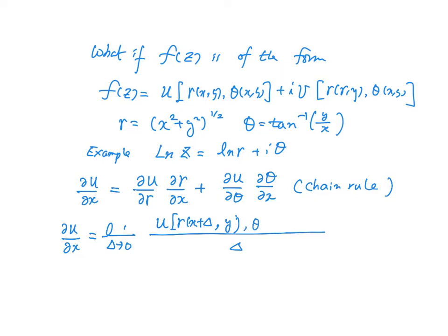Partial u partial x is the limit of u(r(x plus delta x, y), theta(x plus delta x, y)) minus u(r(x,y), theta(x,y)), divided by delta x. And the wisdom is, if you have some complicated situation, you can do nothing, right? So let's try to add something that is 0 and see what happens.